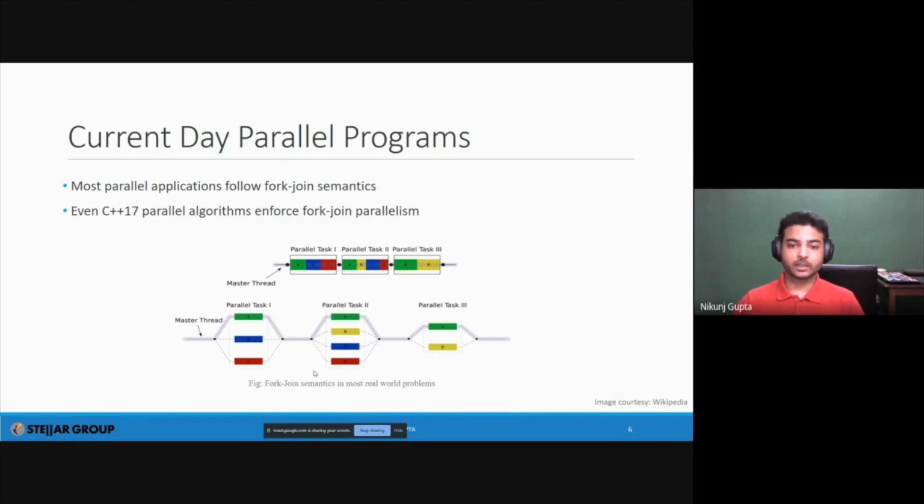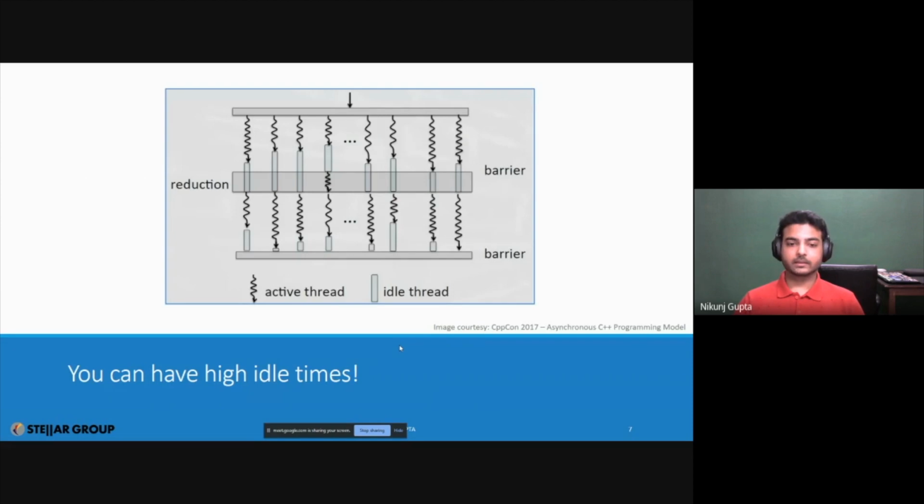Then it moves on again to a parallel section, executes things in parallel, then again goes to a sequential setting. So overall, you end up parallelizing certain sections of the program, but you do not really parallelize the whole program.